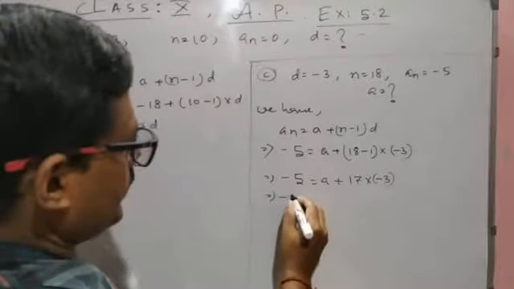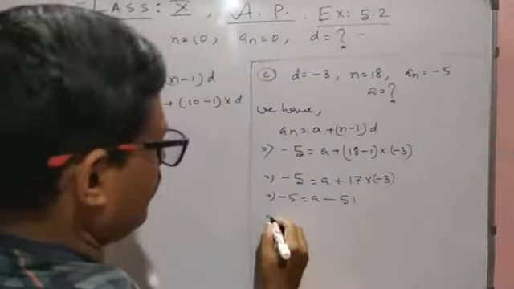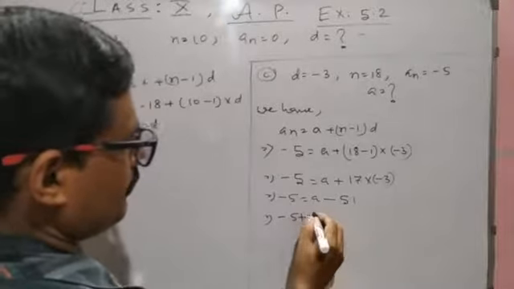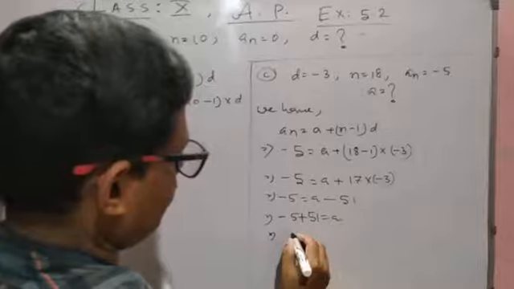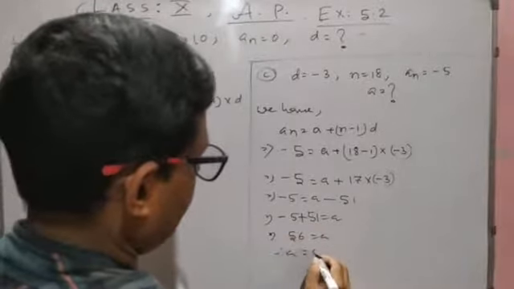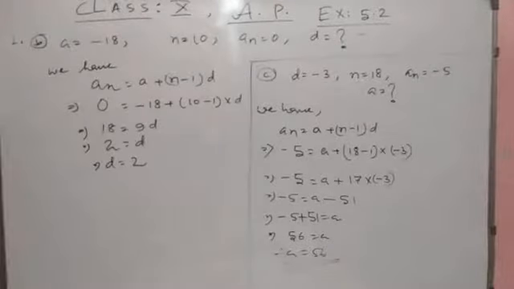Now it will be minus 5 equal to A minus 51. This implies that minus 5 transferred this side, plus 51 equal to A. So it will be 46 equal to A. Therefore A equal to 46.